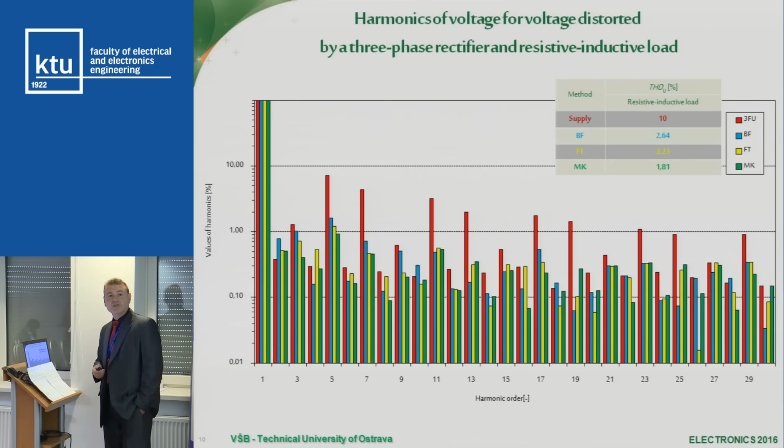This picture shows harmonics in the system when the voltage is distorted by a 3-phase rectifier and resistive-inductive loads. This is the total harmonic distortion from the power supply, and this is the total harmonic distortion from the Butterworth method and the Fourier method and the comparison method.